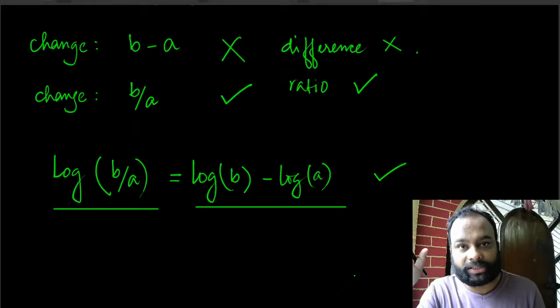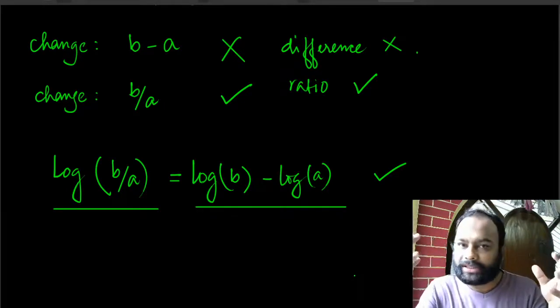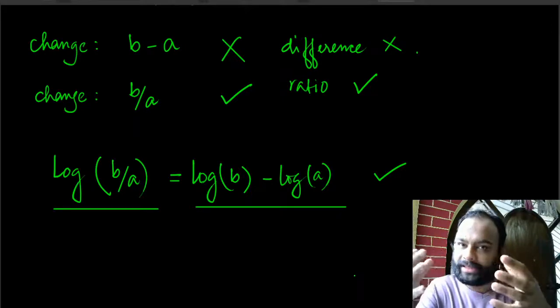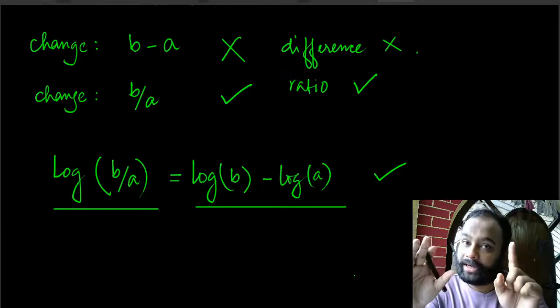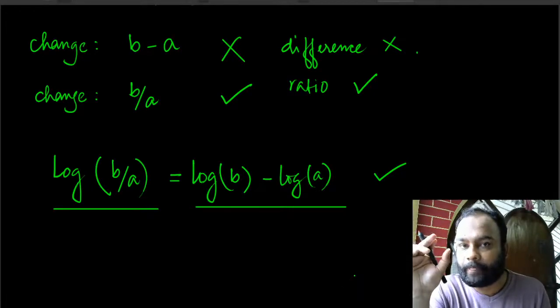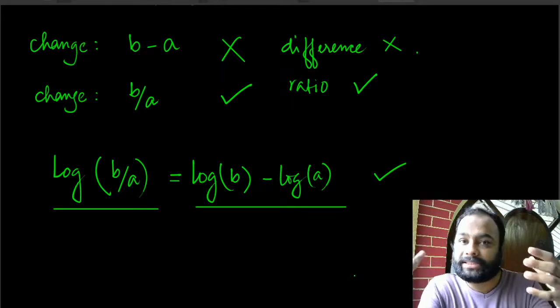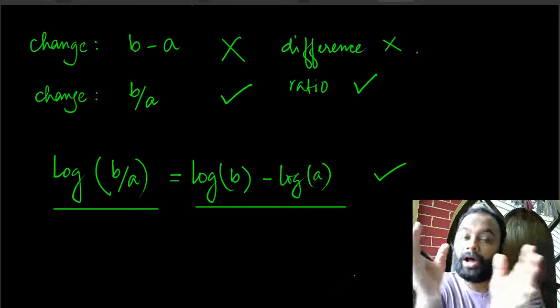So in other words, our brain, our mind, our eyes, our ears, all of our sensors do perceive things in ratios, or in other terms, they perceive things in logarithmic scale. So we perceive things logarithmically.